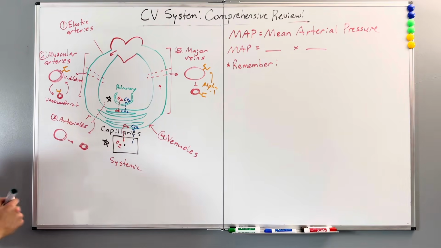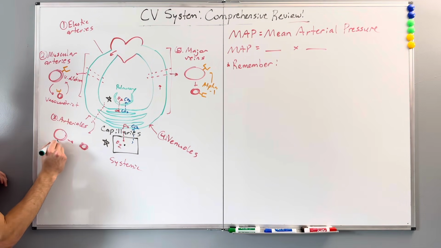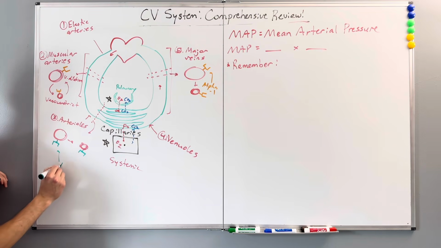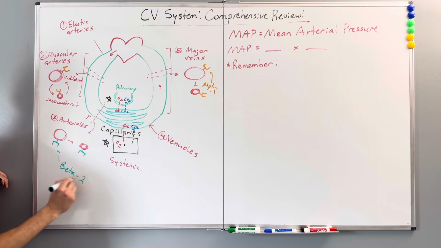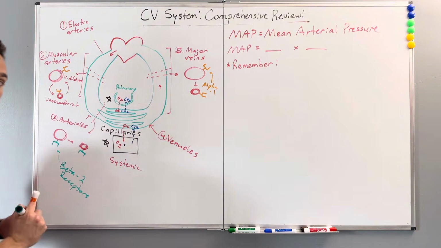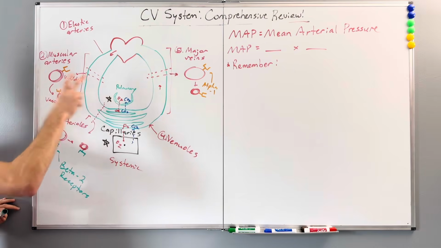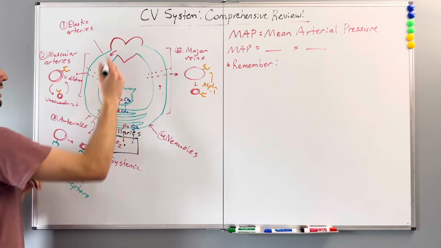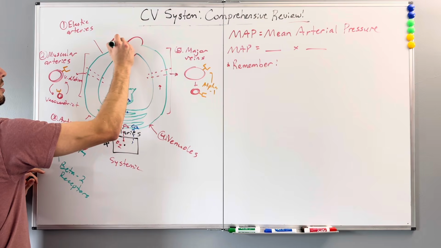But also at the arterioles, these arterioles also have a receptor, and this is going to be called a beta-2 receptor. Okay, so we have alpha-1 receptors, beta-2 receptors, both will bind epinephrine, but even so, not even in the blood vessels, in the heart itself. Do you guys remember that we have our SA node up here?